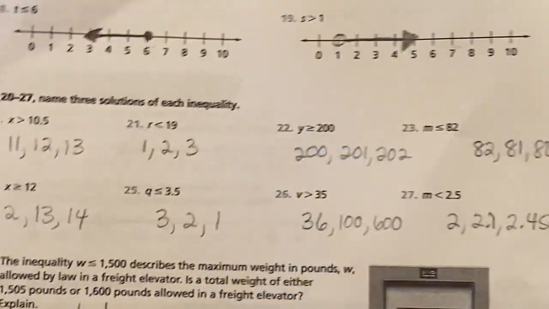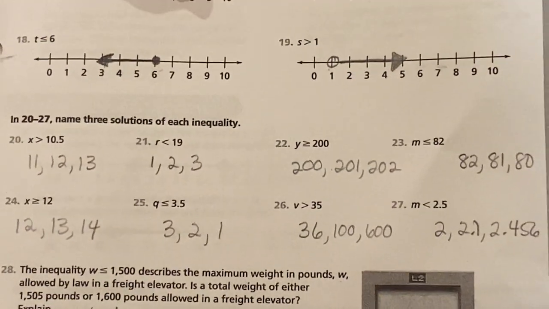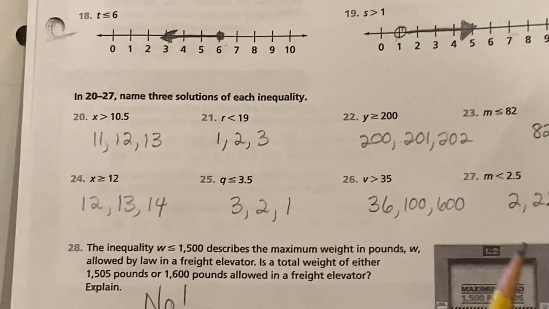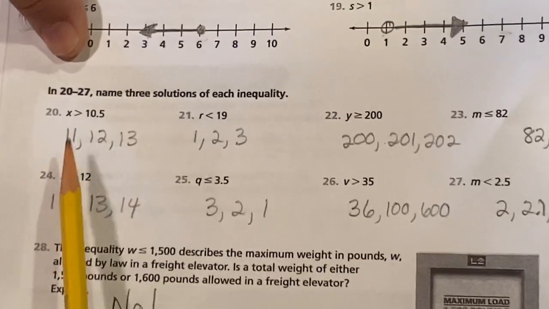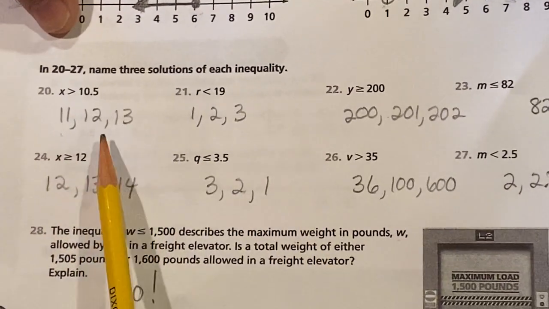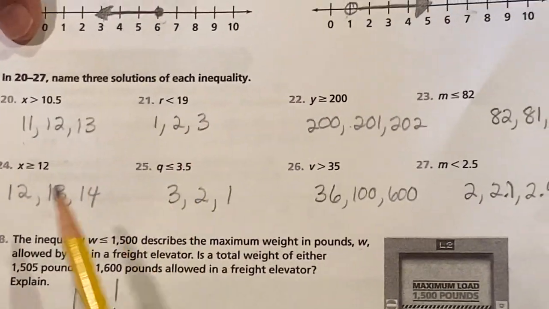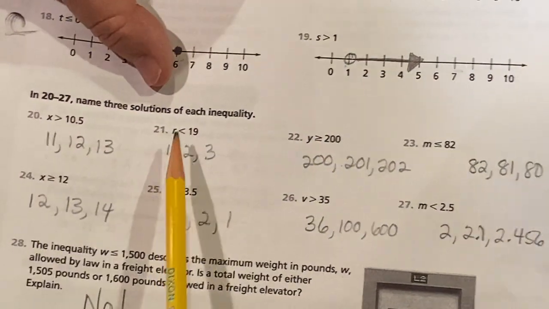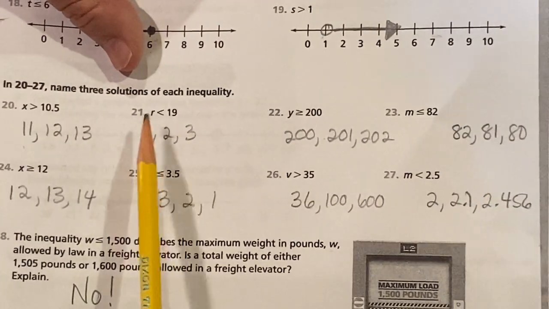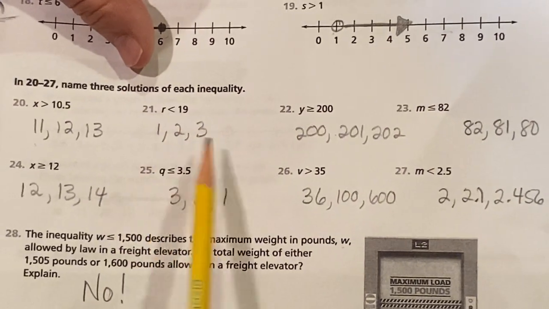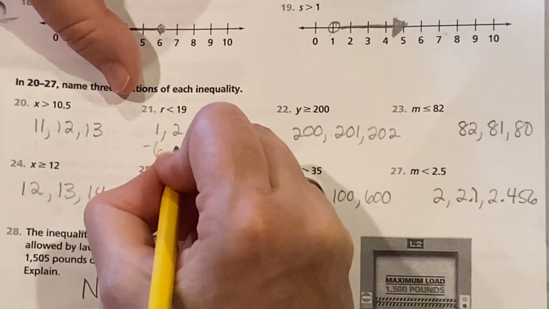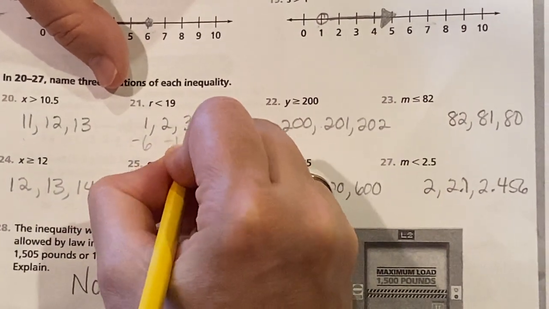Okay. So here are the answers that I wrote, but again, there's an infinite amount of answers. With this one, I just put 11, 12, 13. We also talked about how 2,000, 10.6, anything that's greater than 10.5. For this one, r is less than 19, so anything less than 19, you could also have -6 or -1 million.